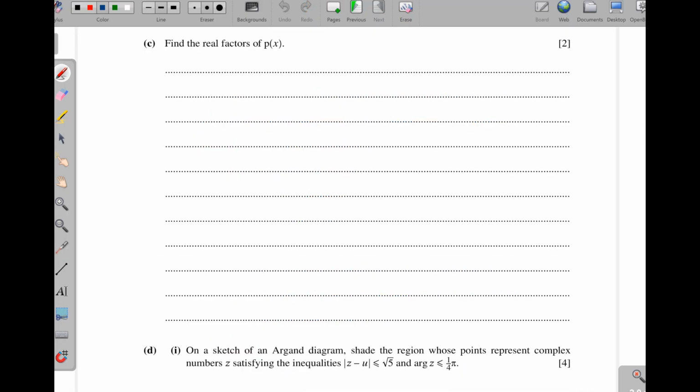Like I said, we need to get the quadratic factor that comes from these 2 roots. Now, I want to show you how we get the quadratic equation from the roots. So if you have x equal to a, maybe that is a root, and also x equal to b, that's another root.